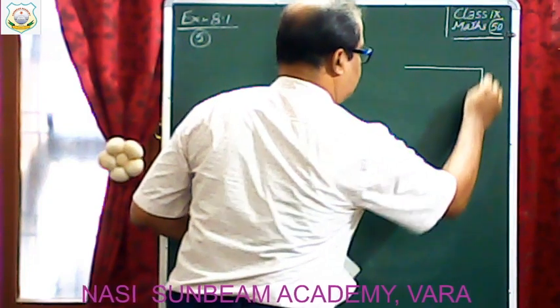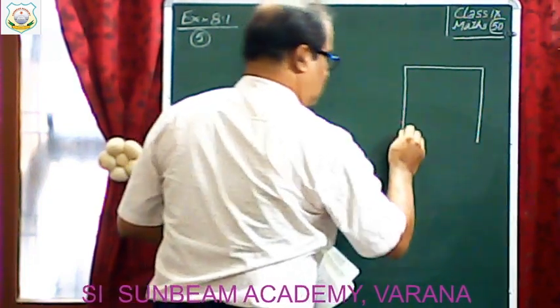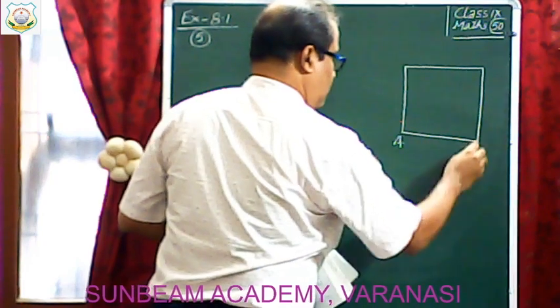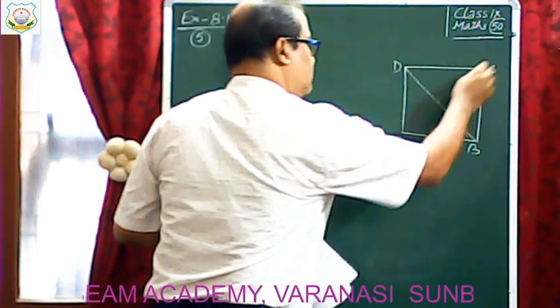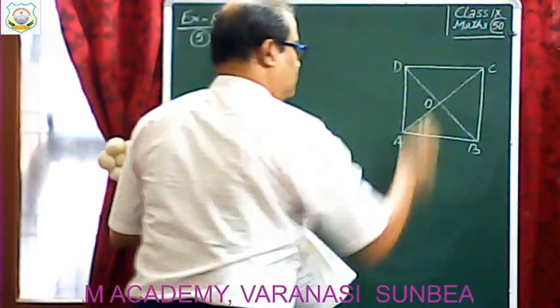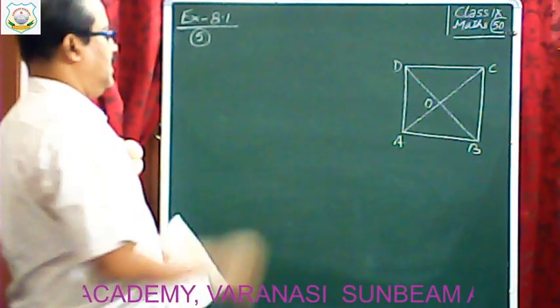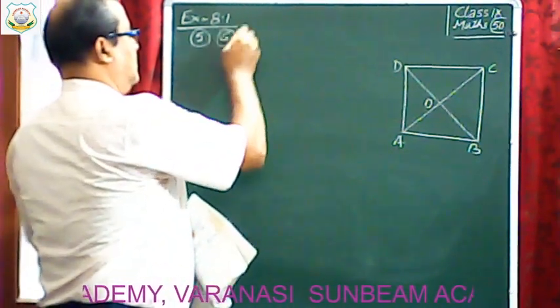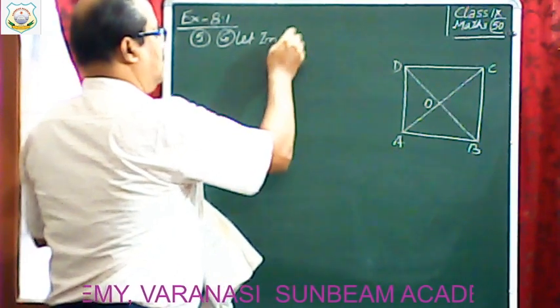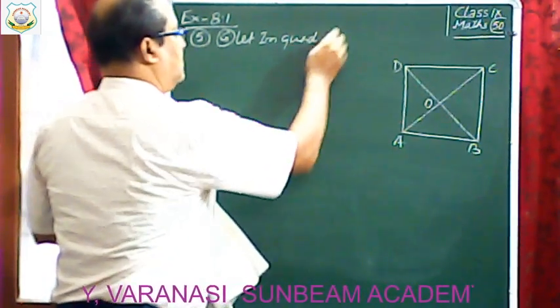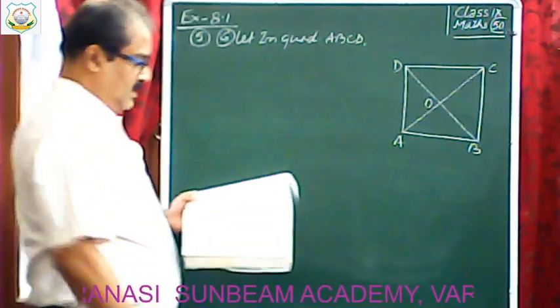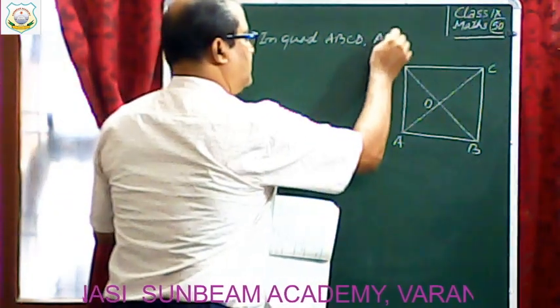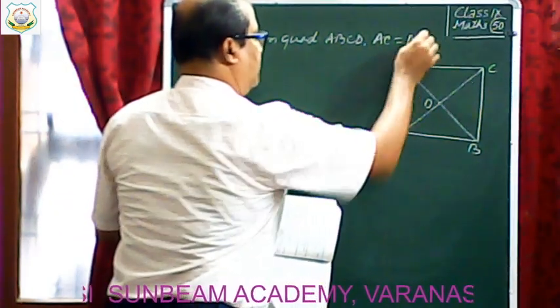The quadrilateral, you have to draw one quadrilateral A, B, C, D. Diagonals. Okay. Write the given part. Let in quadrilateral A, B, C, D, diagonals are equal means AC equal to BD.